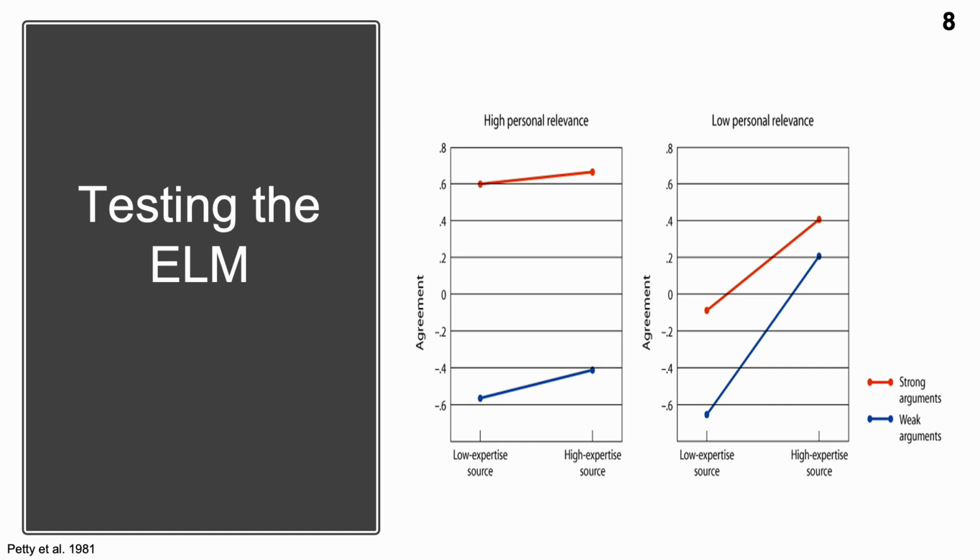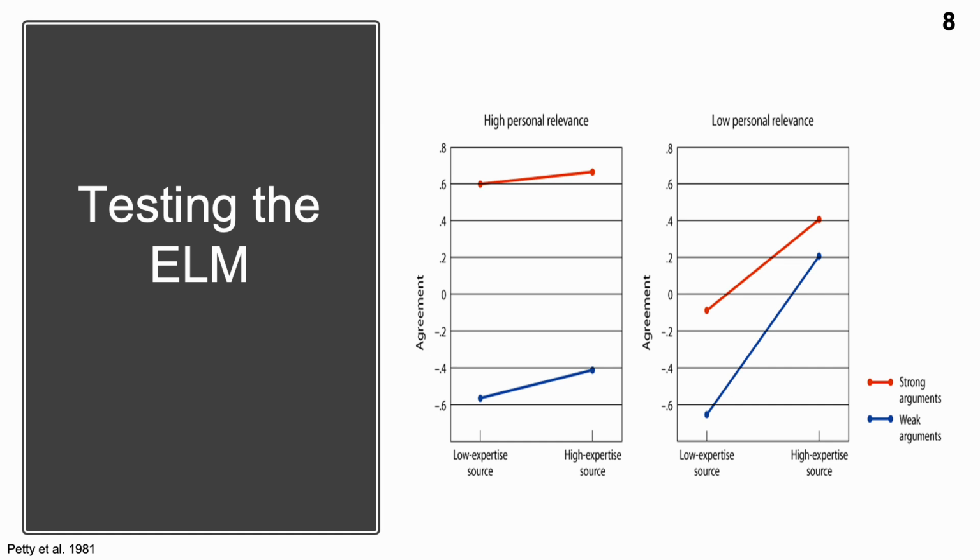Similarly, if it's high personal relevance and you have weak arguments, the effect is not strong enough to say that a high expertise source is going to give you better results. The effects just aren't strong enough. On the other hand, if you look at something with low personal relevance, right?